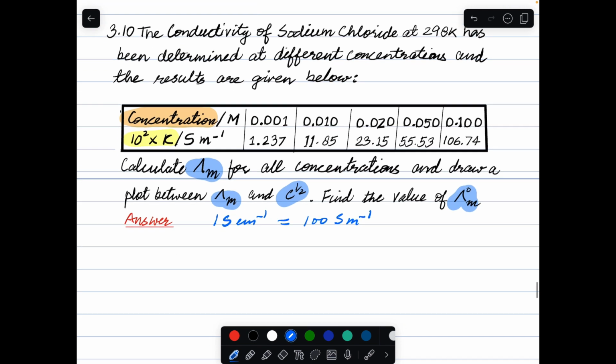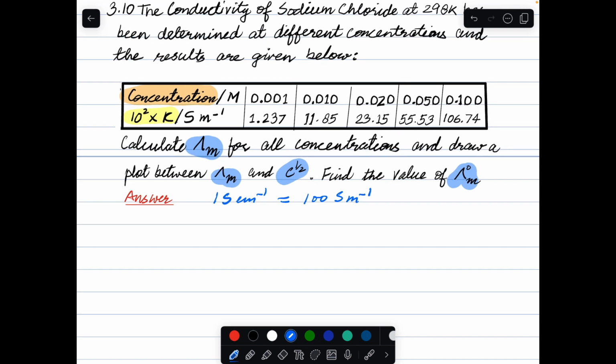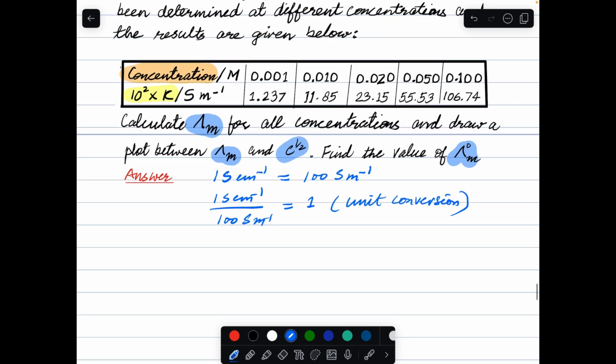Okay, and therefore we can write it as 1 Siemens per centimeter divided by 100 Siemens per meter is equal to 1. This is what you need for the unit conversion. Okay, so we'll do this unit conversion for the value of your conductivity.